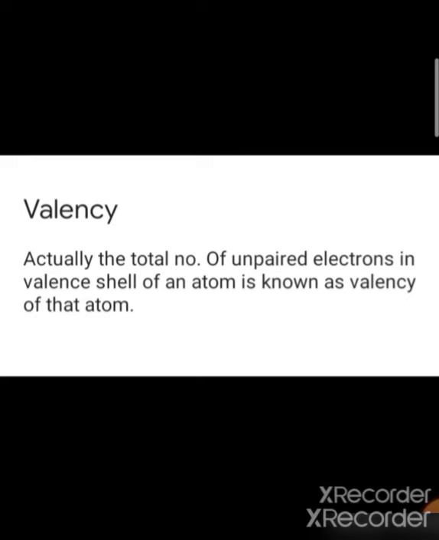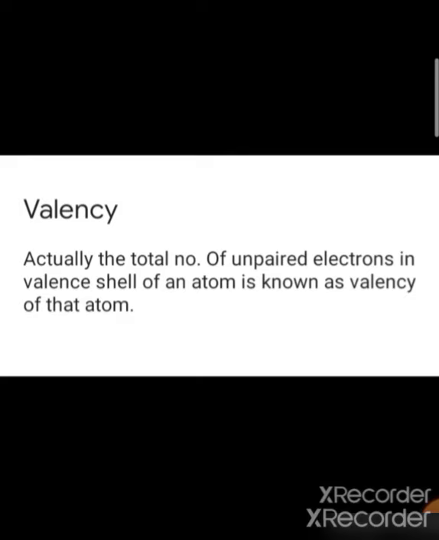What is valency? Actually, the total number of unpaired electrons, or the combining capacity of an atom. The number of unpaired electrons is known as the combining capacity of that atom. When any atom contains 1 to 4 electrons, its valency is 1 to 4, and when it contains more than 4 electrons in the valence shell, valency is 8 minus valence shell electrons.